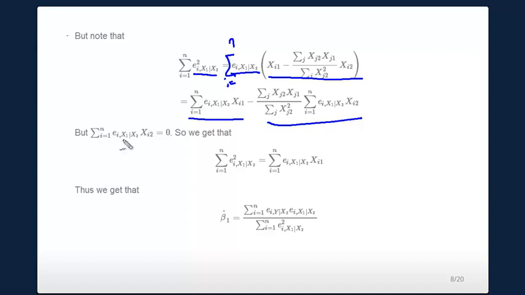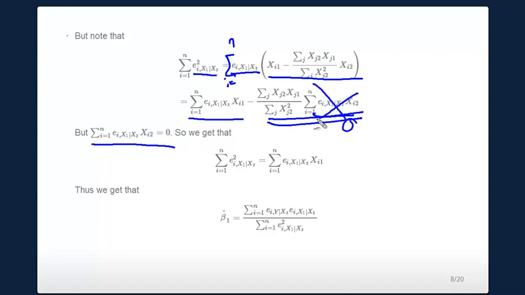But I hope you recall that when we take the sum of the residuals and multiply them times the regressor, sum of the residuals times the regressor, that equals 0. We discussed that in regression. And if you don't believe me, plug in and convince yourself that it's true. So this guy right there is 0.